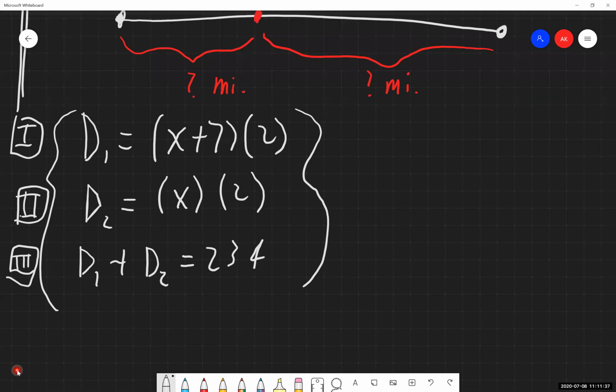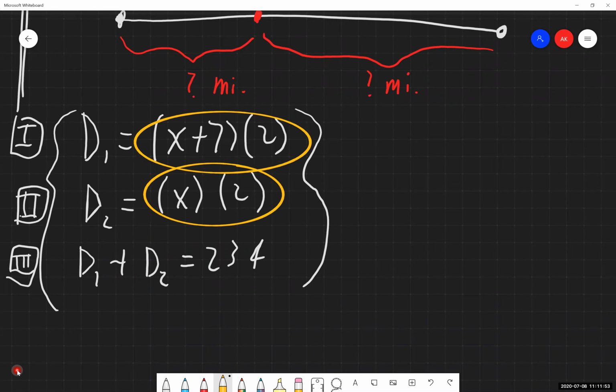So with our total consisting of the distance of Dwight plus the distance of Mose, I could rewrite d sub 1 and d sub 2 in that third equation with the equations that we just created here and here. And then I could solve for an x value and find my final answer from there.